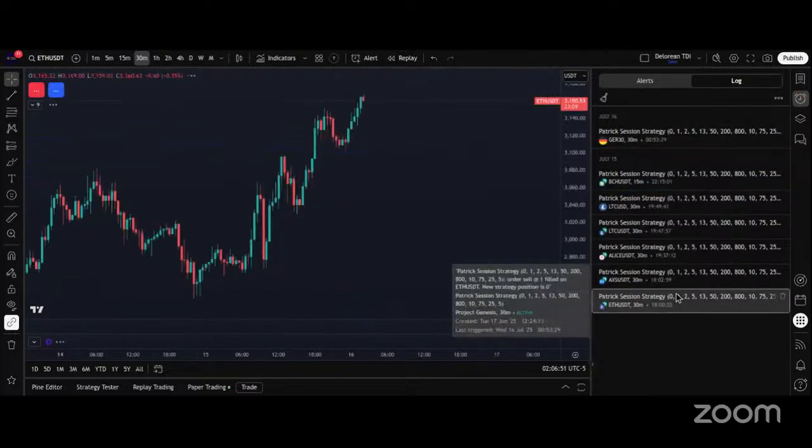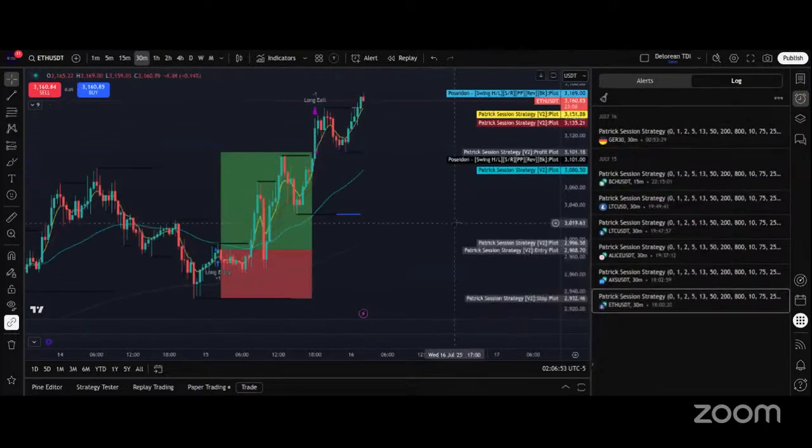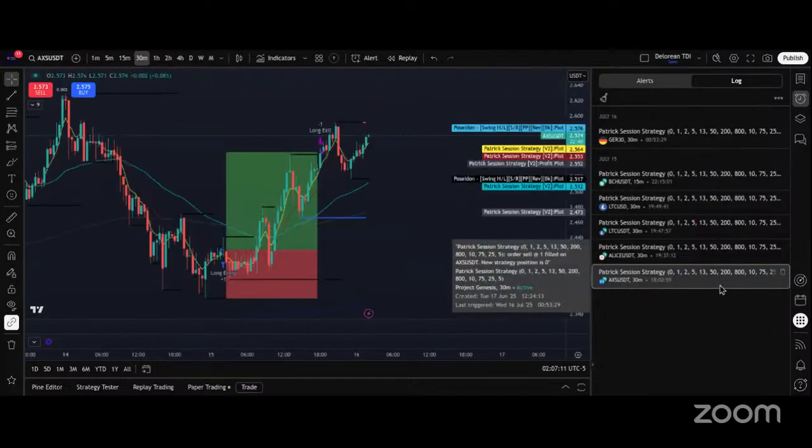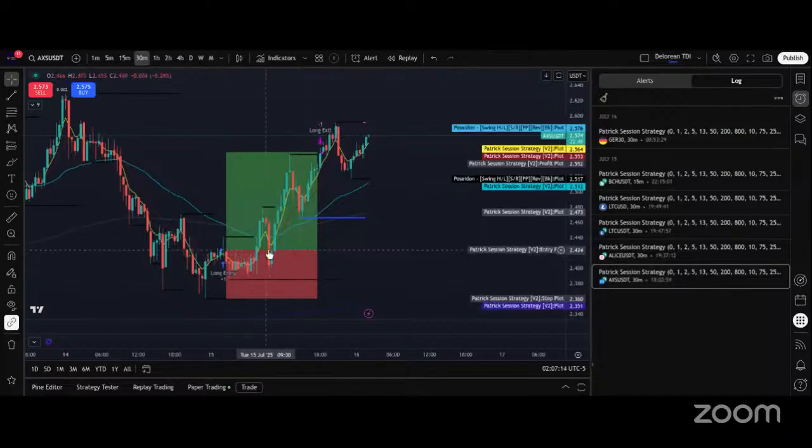So, looks like we missed an opportunity to hop into Ethereum versus Tether, and that hit take profit on us. We missed an opportunity to get into Axis versus Tether. That also hit take profit.